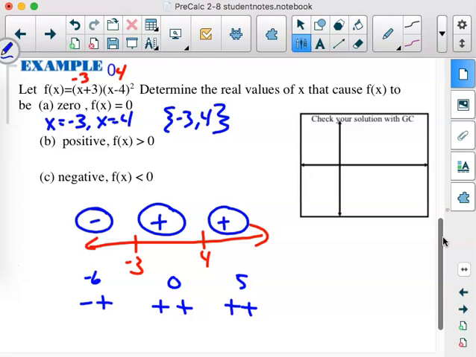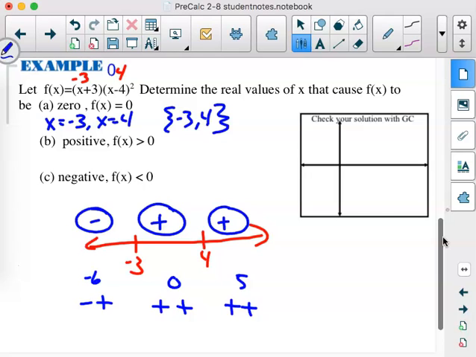We're going to talk about intervals, and we're using our parentheses and our square brackets and all of that good stuff again. So it would probably be better to kind of get your head wrapped around using the number set notation. All right, positives. When's it going to be positive? Oh, well, between -3 and 4. I found that.